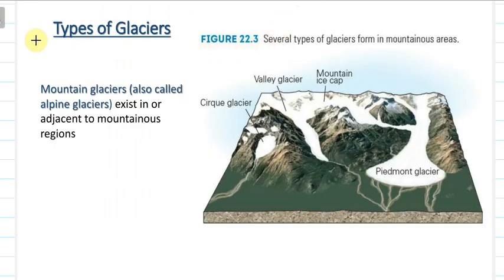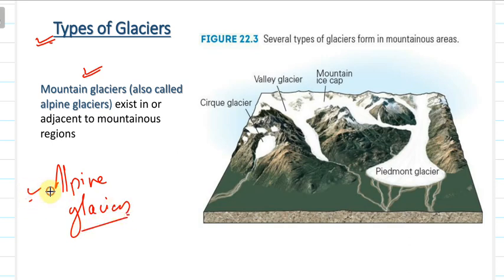So if we talk about the types of glaciers, you can see that there are 3 main types of glaciers. First important is your mountain glacier. Okay, mountain glaciers will obviously be present in your high altitude mountains, also known as alpine glaciers.